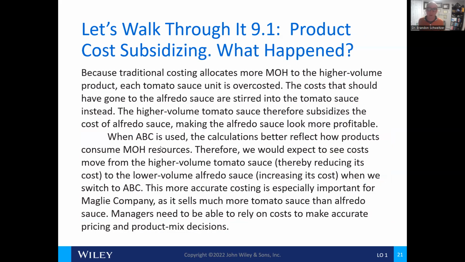So because the traditional model simply allocates based off of percentage, it's not going to be as accurate. When the company moved to activity-based costing, we noticed that the total cost per unit changed. It's more accurate.